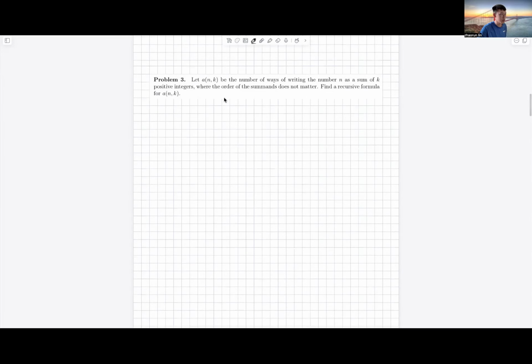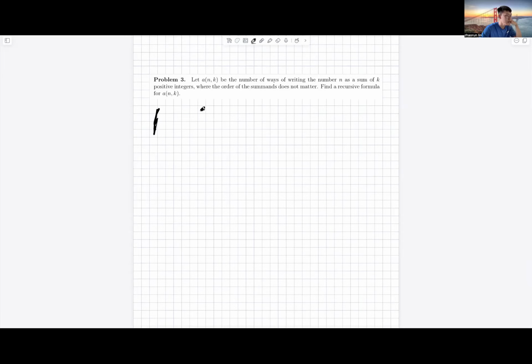So for question 3, let A(n, k) be the number of ways that we can write the number n as a sum of k positive integers, where the order of summands does not matter. So we have to find a recursive formula for A(n, k). For this one, we can consider two scenarios. The first one is that the smallest number is 1, since this is the smallest positive integer that we can take.